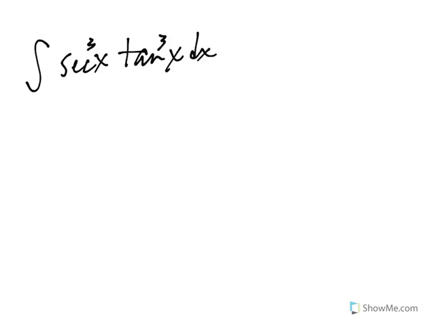All right, let's see here. There will be times when you have a choice as to what you're going to let u be. For instance, let's do the integral of secant cubed of x, tangent cubed of x dx. I really have two choices.